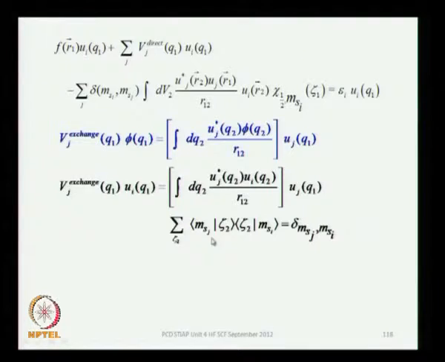So, the summation over the spin part is given by over here, and what is this? Here the index is j and here the index is i. So, you will get a delta m_s j m_s i out of this. So, when we dealt with a similar expression for the Coulomb or the direct term, we got unity.